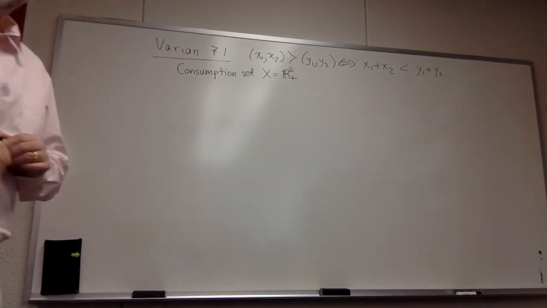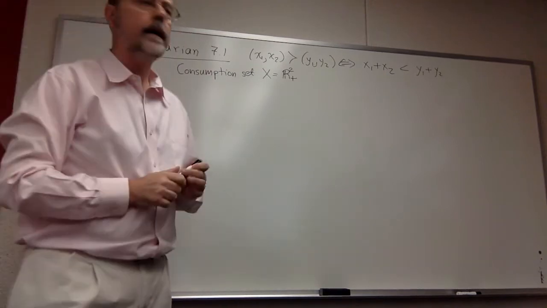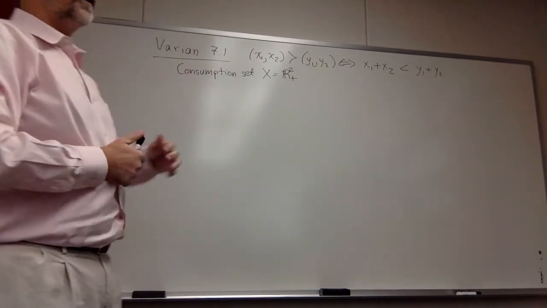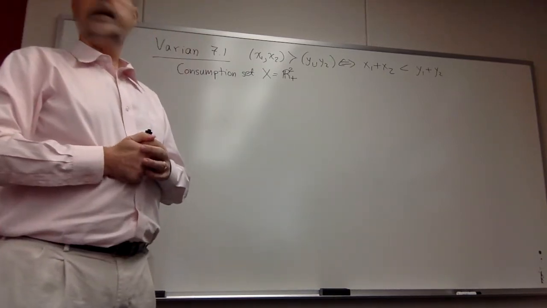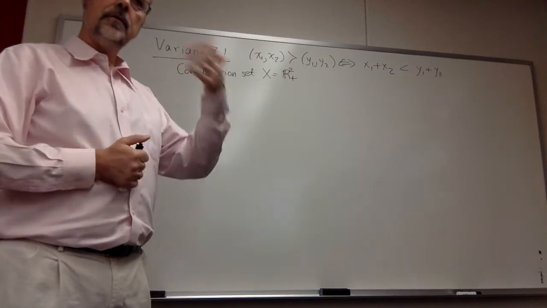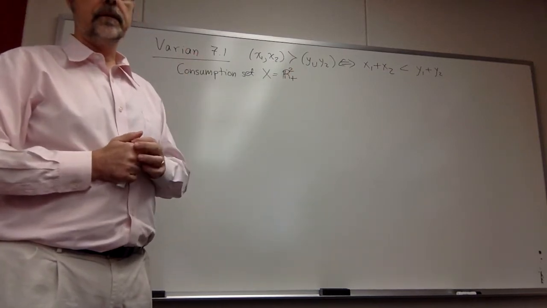So that means that non-negative amounts of good 1 and good 2 are allowed, not negative amounts.